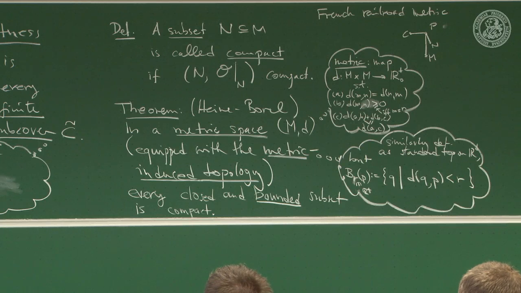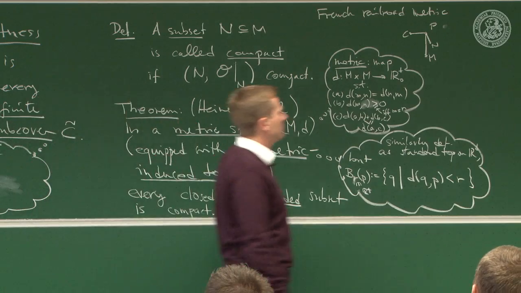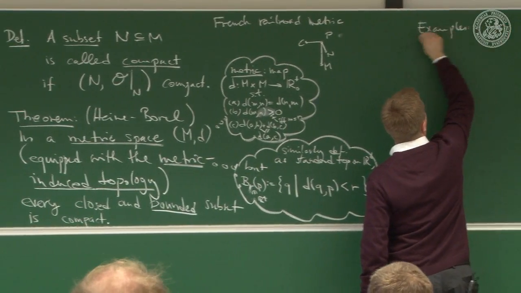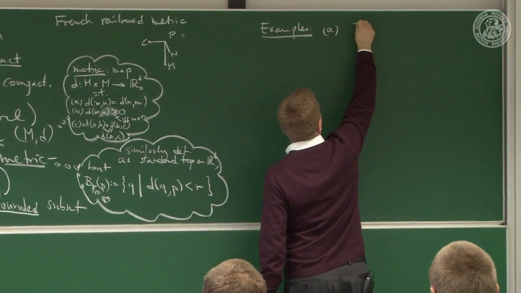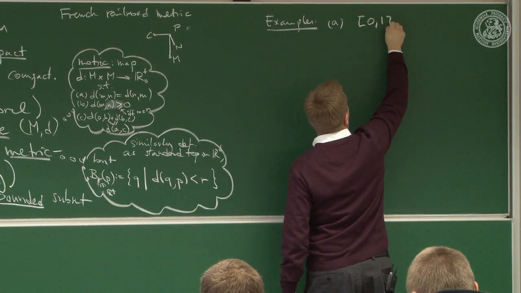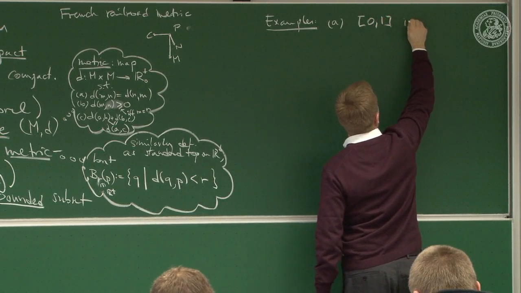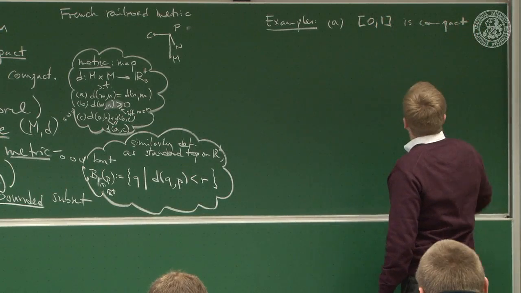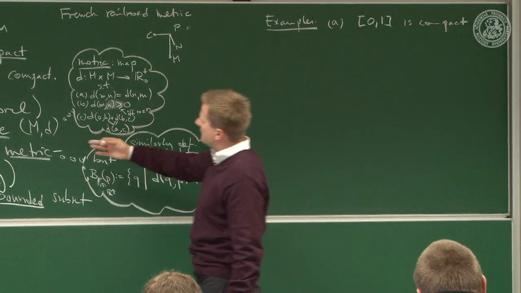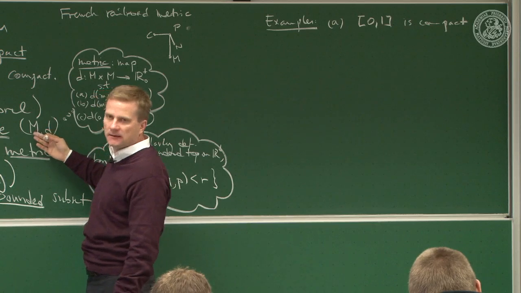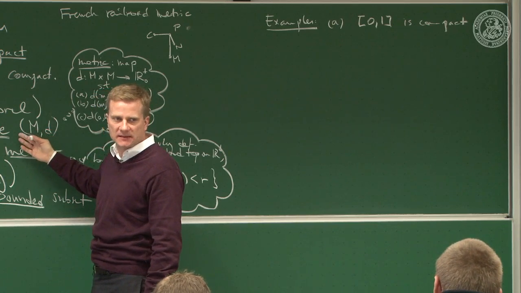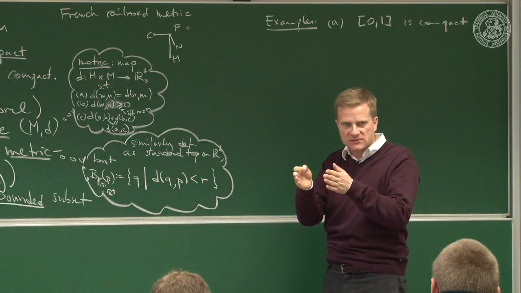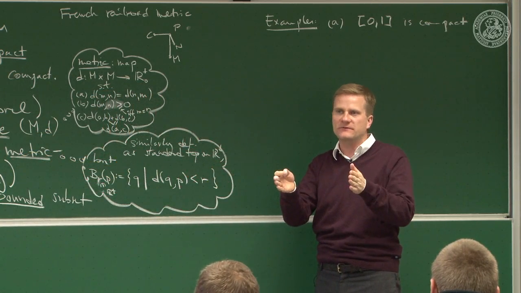Let's have some more examples. So A, the interval 0, 1 is compact, as a subset of the real line, which is a metric space, because on the real line you can establish a metric by taking the difference between two points and then taking the absolute value.